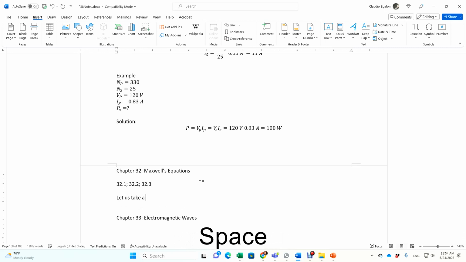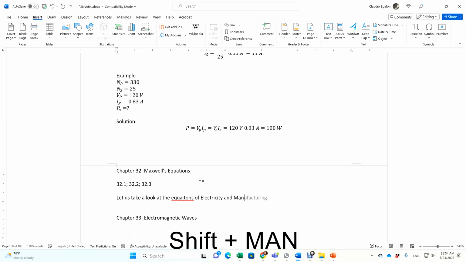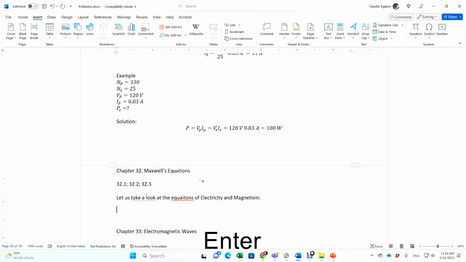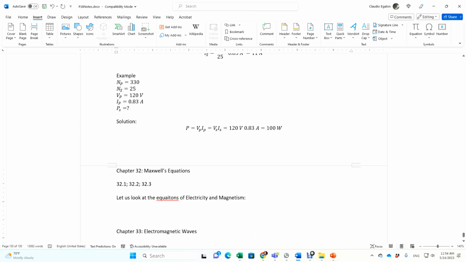Let us take a look at the equations of electricity and magnetism, the laws of electricity and magnetism we formulated so far.